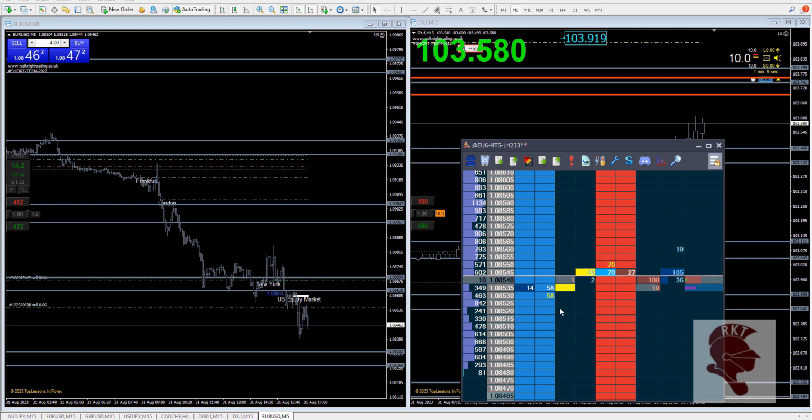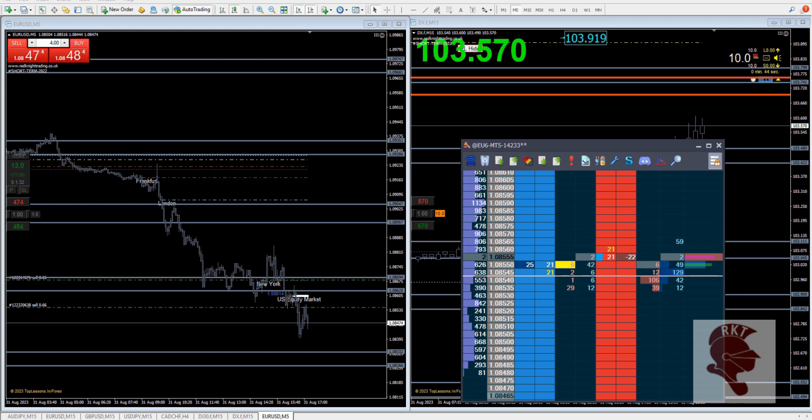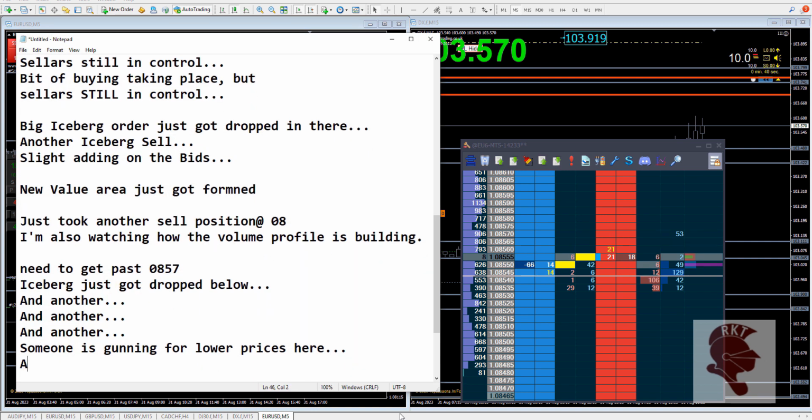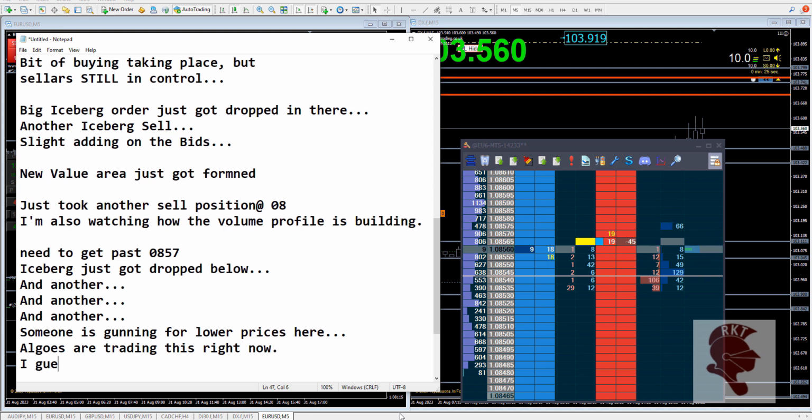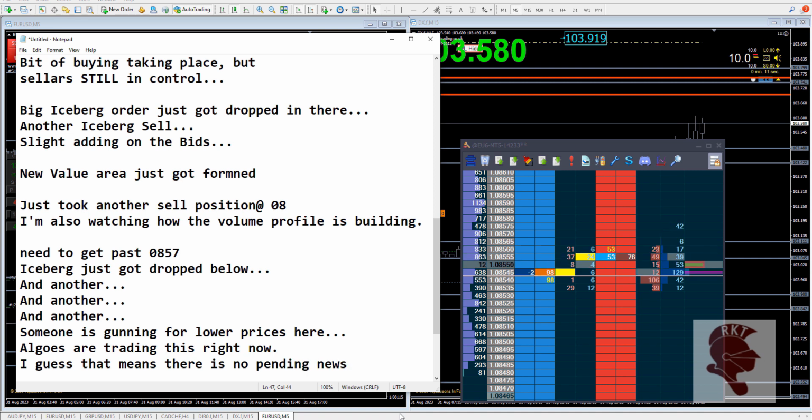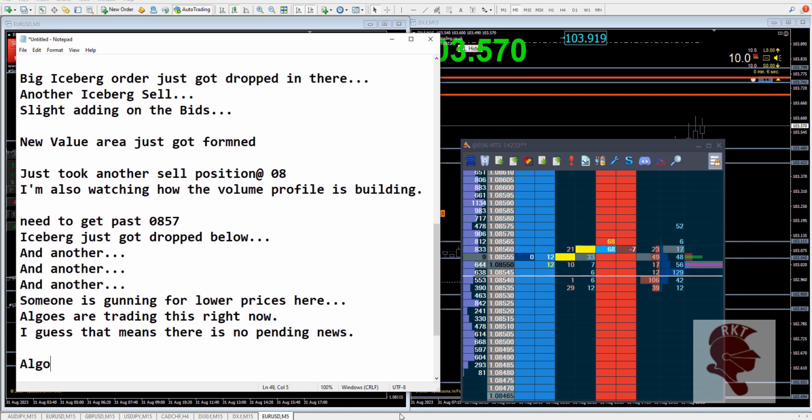And another one. And another one. Now let's see if these are real orders. Another one there. Are we going to pull them? Yeah, as it says there on my notepad, it appears that this could be algo activity at the moment.